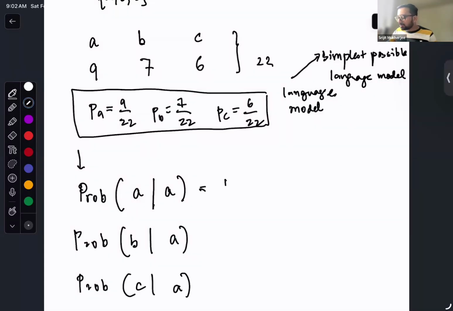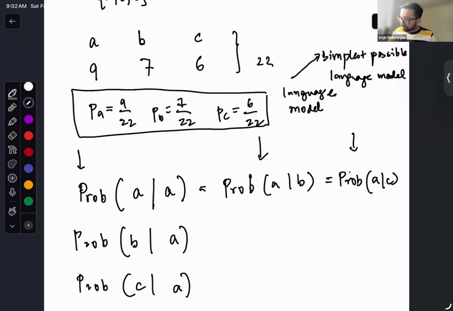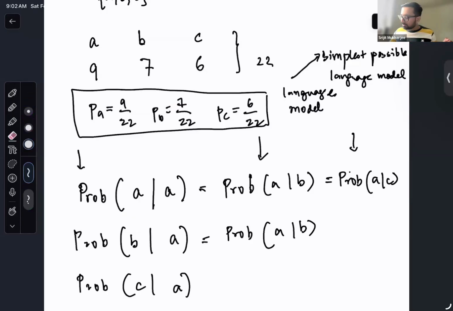This is the same as the probability of A given B, and the probability of A given C in this very specific case. And same goes here. If I say I have observed the character B, what will be the next character? Let me write it down.